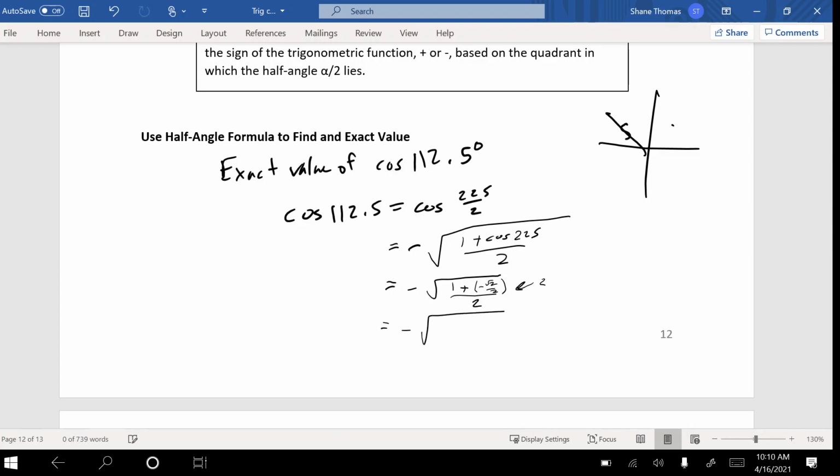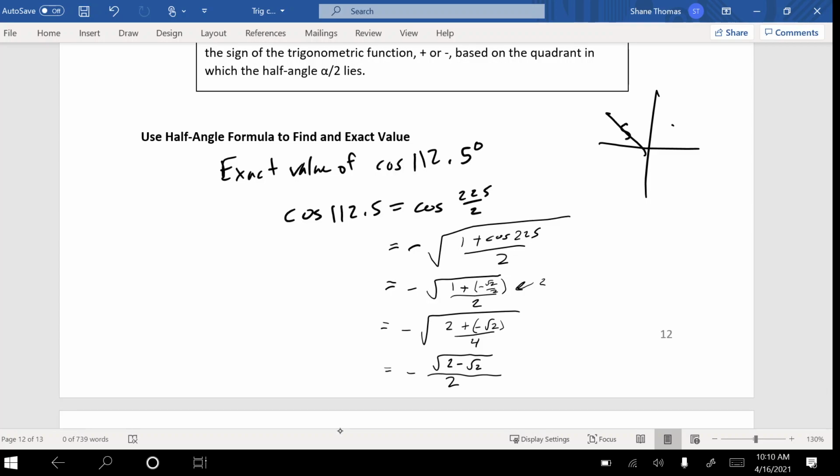That's going to give me 2 plus my negative root 2 over 4. The other thing that does is allow me to get rid of that root on the bottom, right? Because what's the square root of 4? 2. So on the bottom I have a 2, and on top I end up with 2 minus root 2.